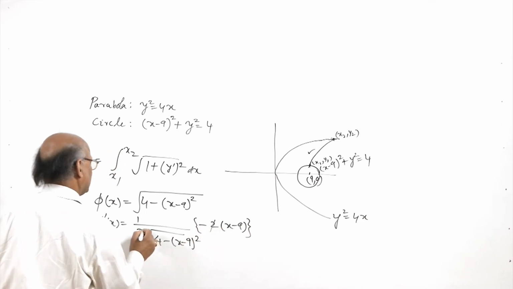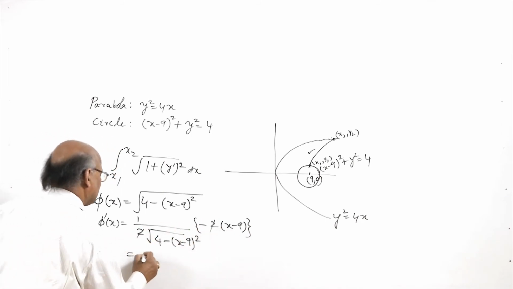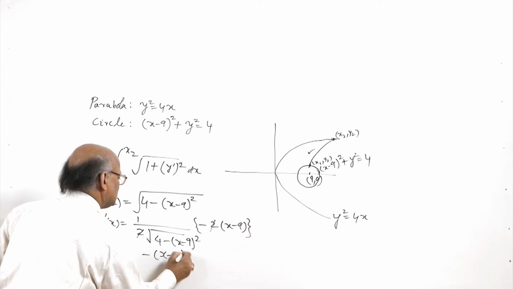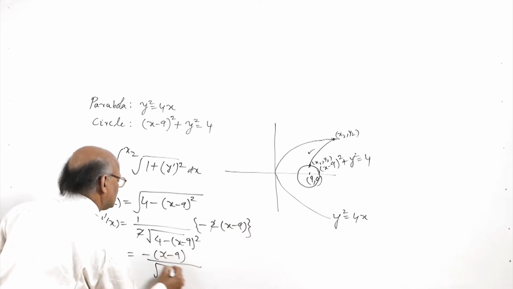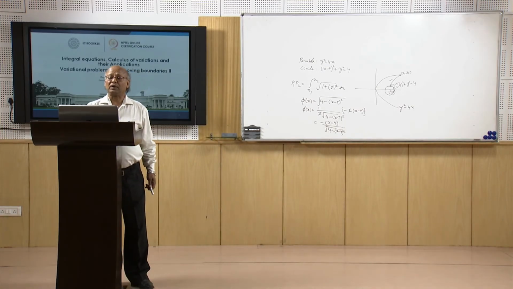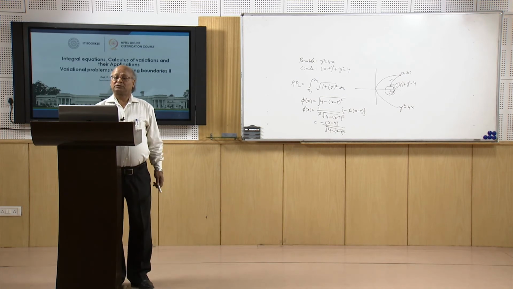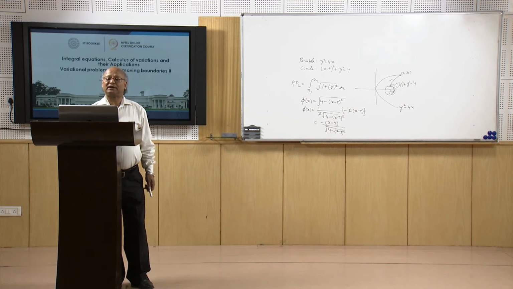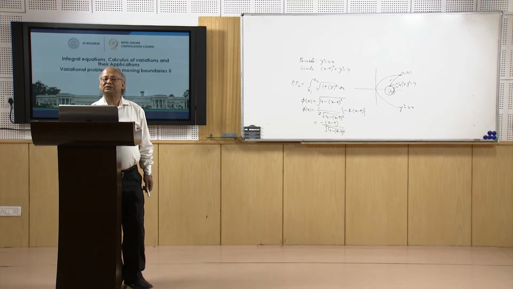So this 2 will cancel and we get -(x - 9) divided by under root (4 - (x - 9)^2). So let us put the value of phi' as -(x - 9) over the square root of (4 - (x - 9)^2), and then minus y' into f_y'.